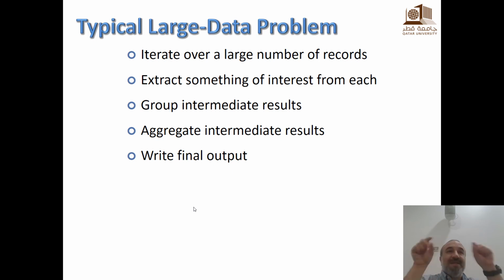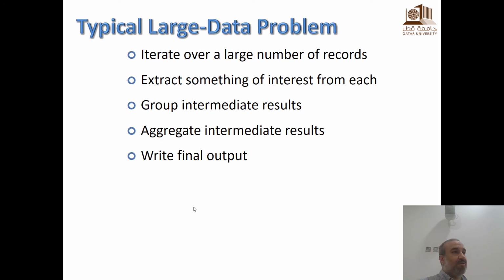Then you group these intermediate results somehow, so that in the next step you can aggregate them based on your application, and then you write the output. That is a very abstract way of looking at how you can process a large amount of data.